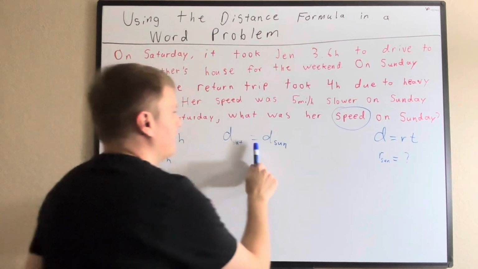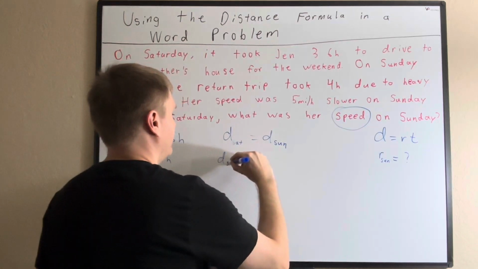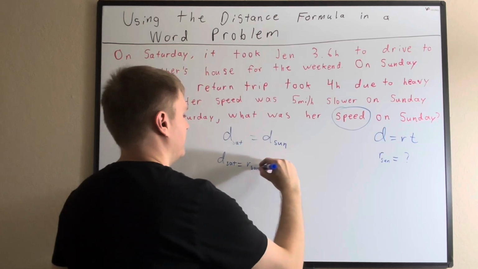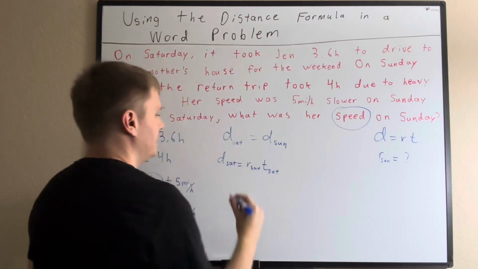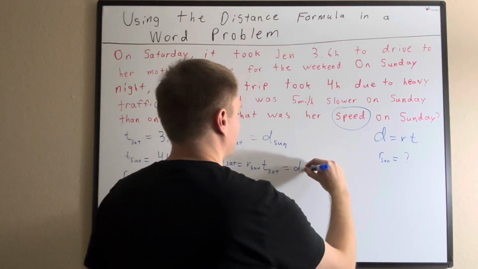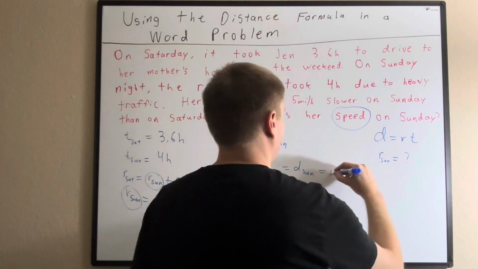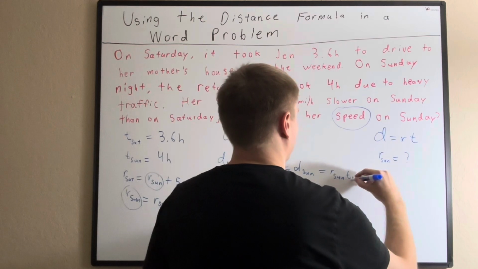Why does that matter? So when we come up with the distance on Saturday equals the rate on Saturday times the time on Saturday, we can say that that is equal to the distance on Sunday, which is equal to the rate on Sunday times the time on Sunday.